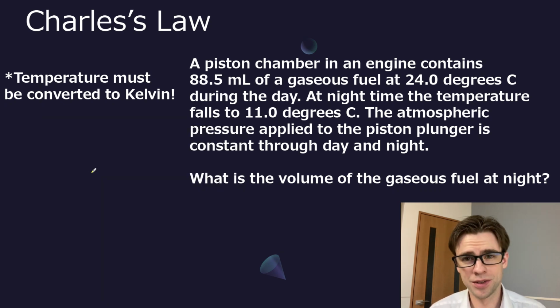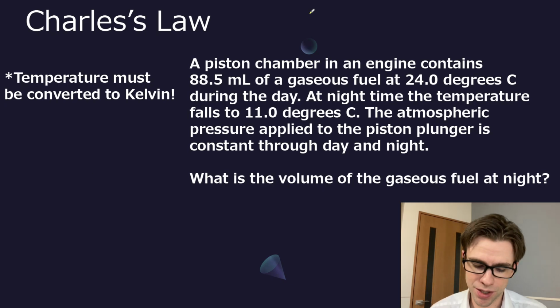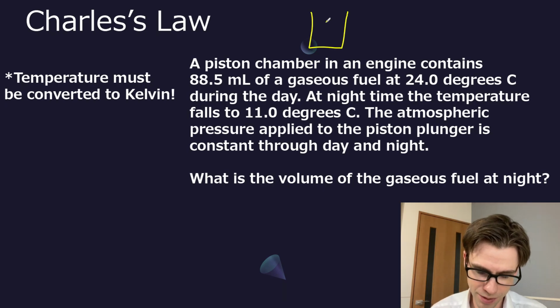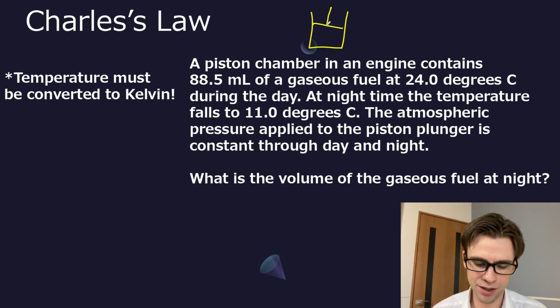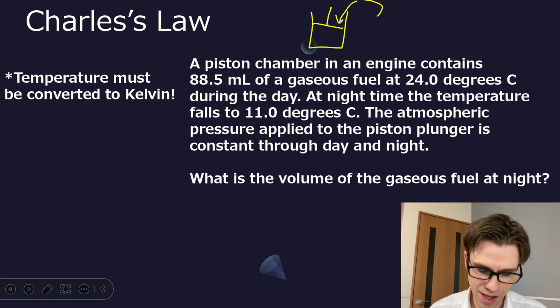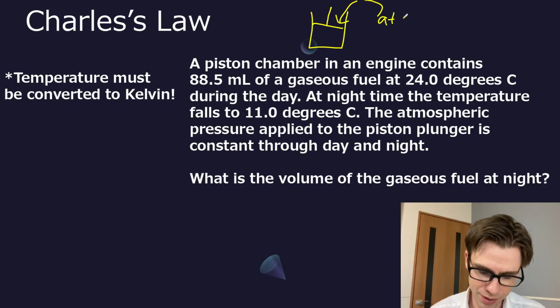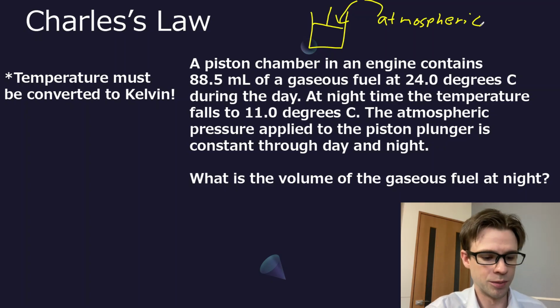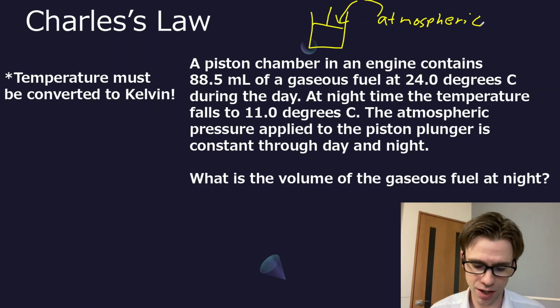But you kind of have to be able to pick out what's happening in questions like this. So we have some kind of piston in the engine, and we have a plunger that will move up and down, changing the volume of this gas. And we have an atmospheric pressure constantly applied to this. So that means our gas basically should be at constant pressure every time because it will just equilibrate with the pressure outside.